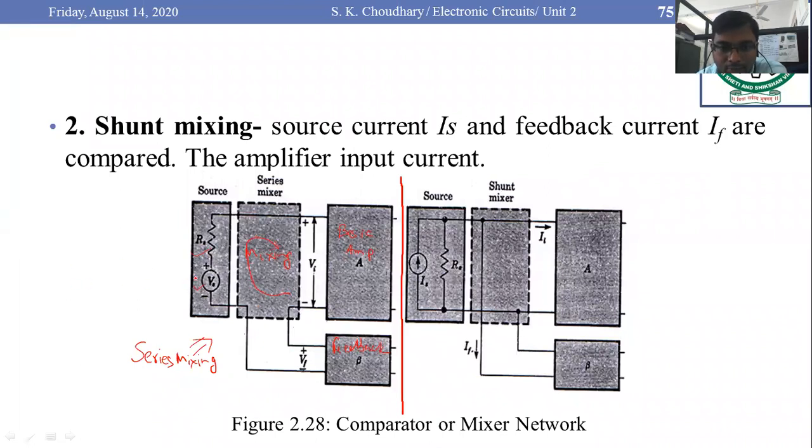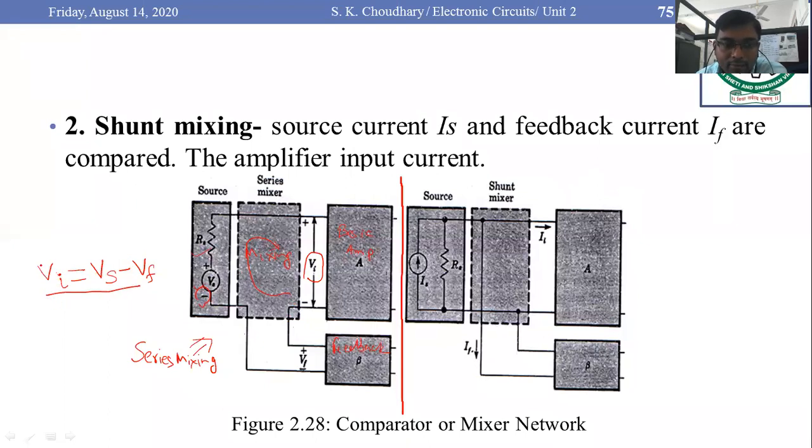So whatever the difference voltage here, Vi, when you do the series mixing, Vi would be equal to Vs minus Vf. Why have we taken minus? Because the feedback has negative polarity and the source is positive. So Vs minus Vf is your input voltage to the amplifier.